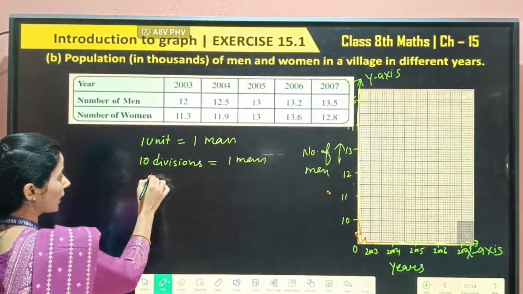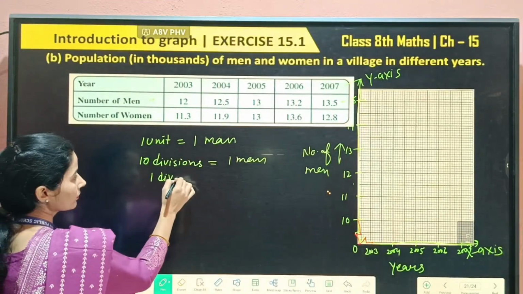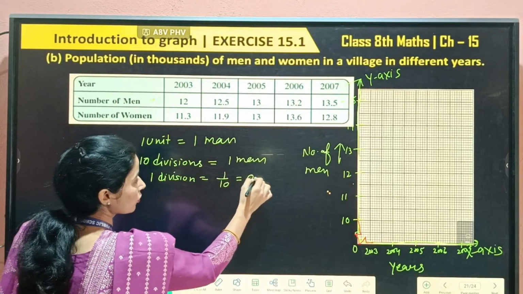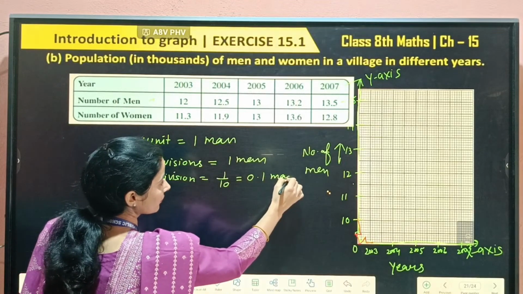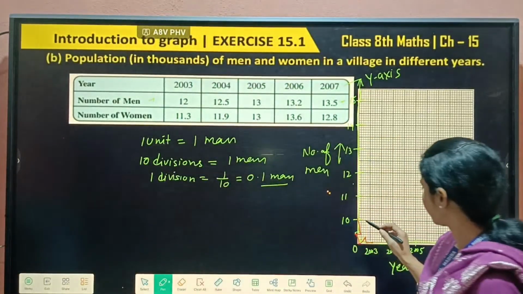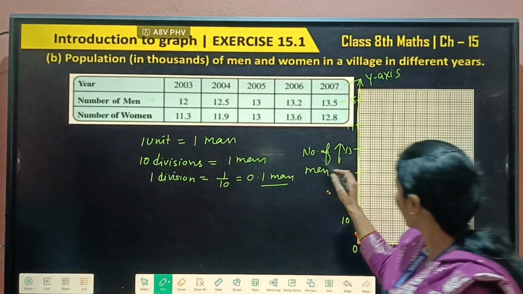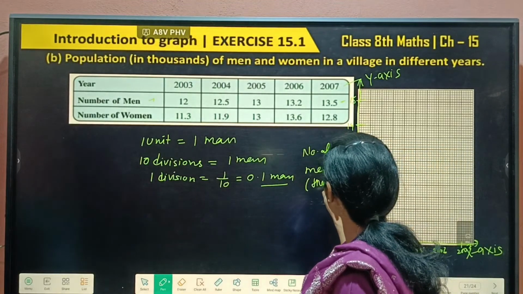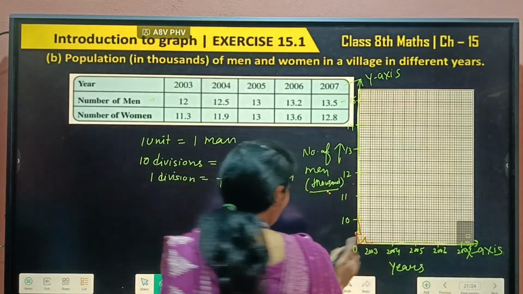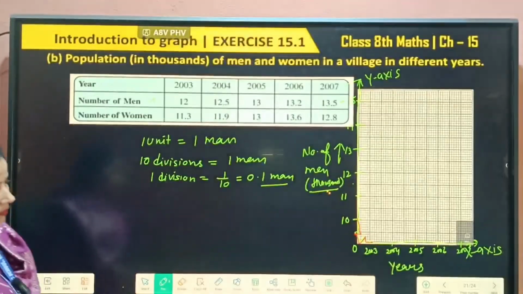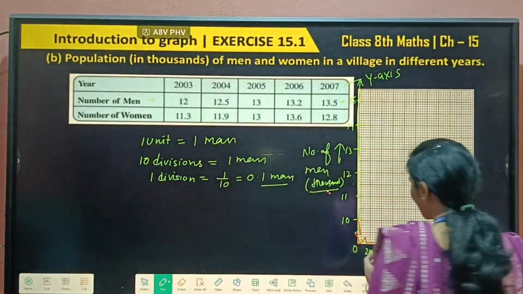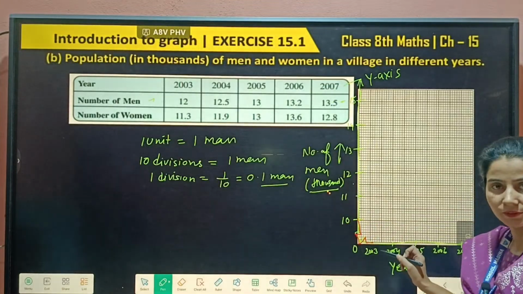Then 1 division will be 1 by 10, that is 0.1 man. Means one line will show 0.1 man. This is the number of men in thousands. And on the x-axis, clearly we have taken 1 unit is equal to 1 year.